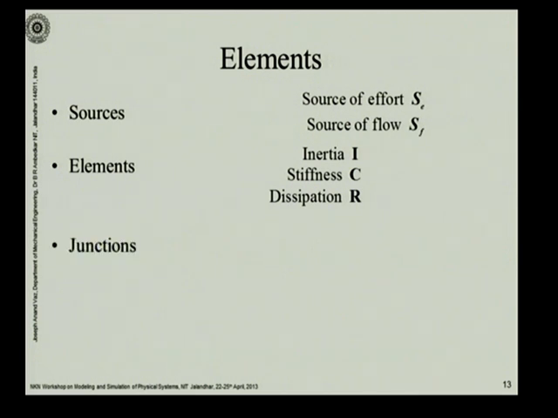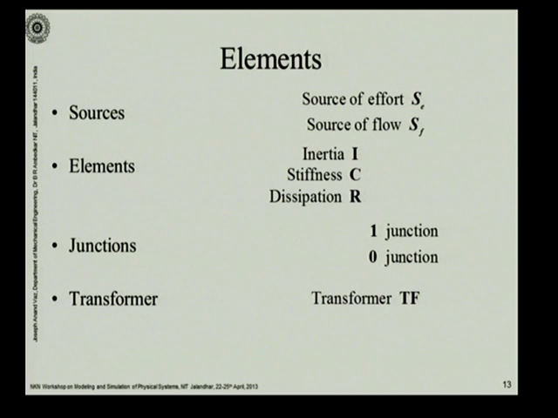And we also have junctions given by 1 junction and 0 junction. We have two other elements, one which is a transformer represented by a TF, and a gyrator which is represented by GY.